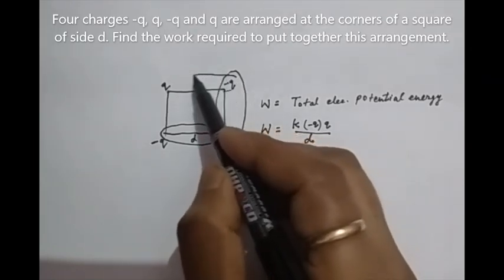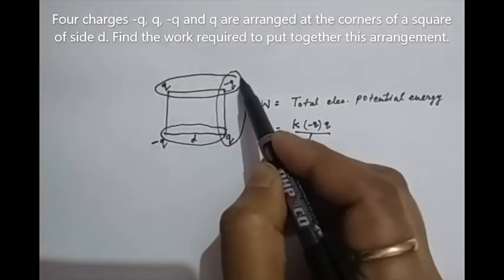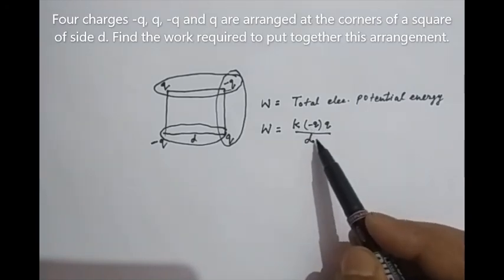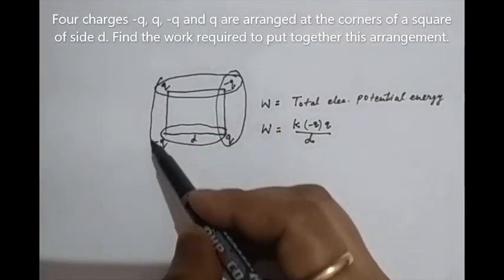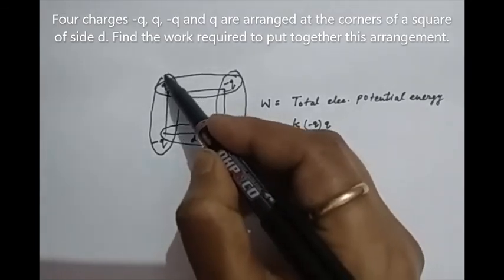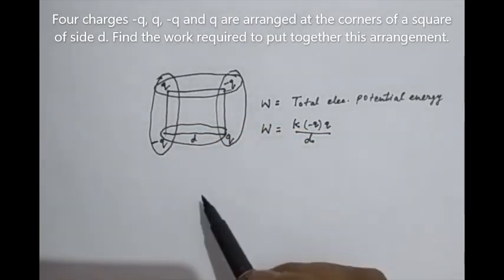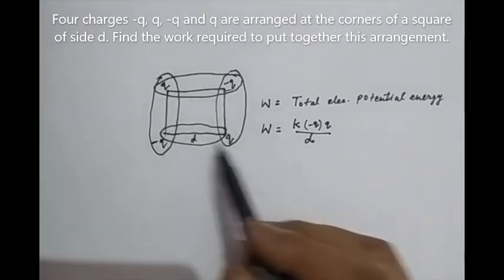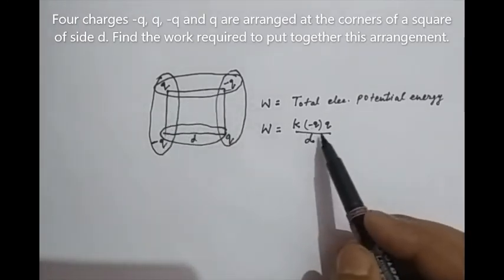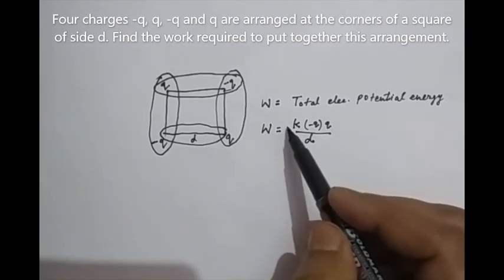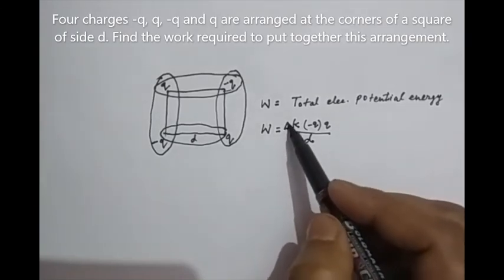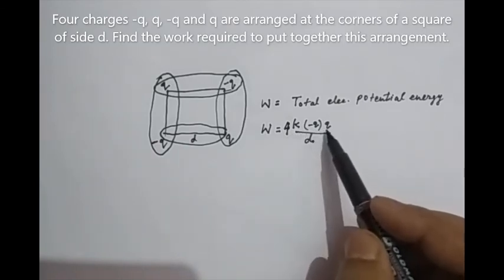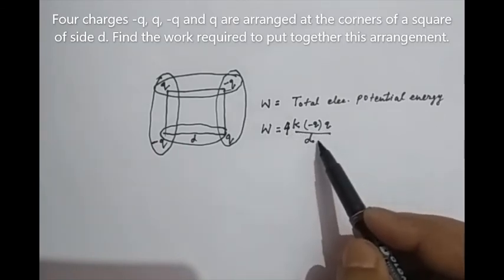For this pair of charges, it is also equal to K minus q plus q by d, and same electric potential energy for this pair of charges. That is, 4 pairs of charges have same electric potential energy. So we can write for 4 pairs of charges 4K minus q into q by d.